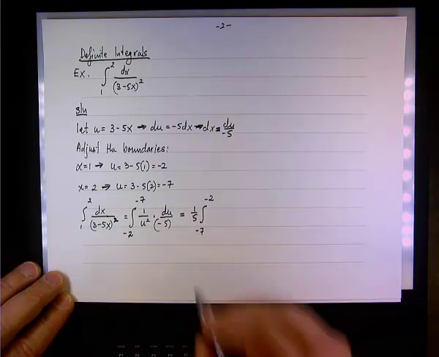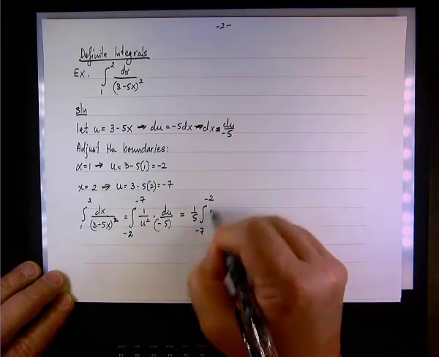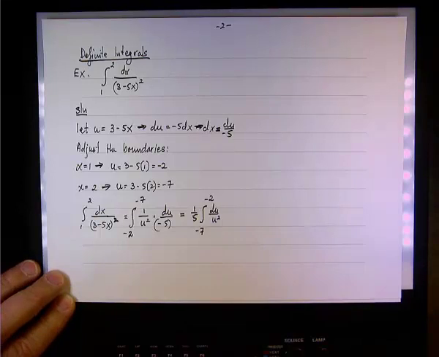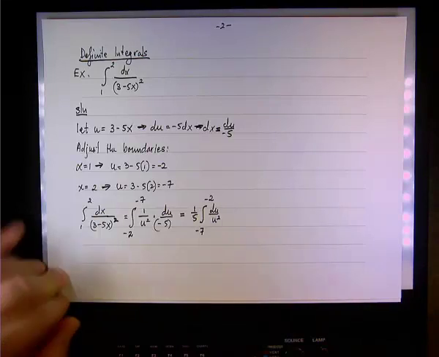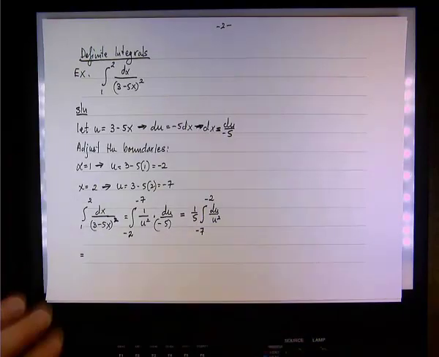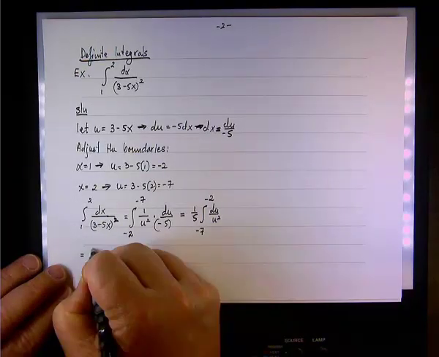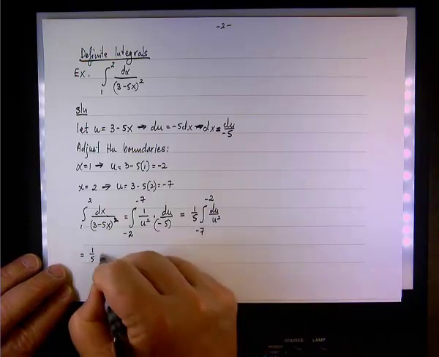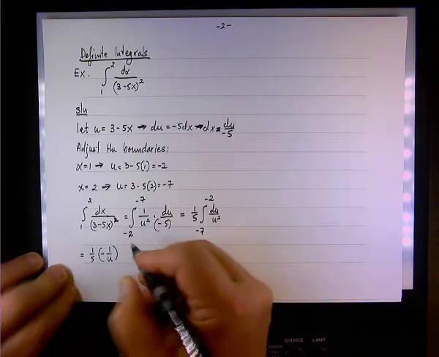Okay? And of course we have du over u squared. Well, u squared in the denominator is u to the negative 2. When you do the antiderivative, you add 1, and it reverts to a negative. So it will be 1/5 times the antiderivative of 1 over u squared, which is negative 1 over u, like so.